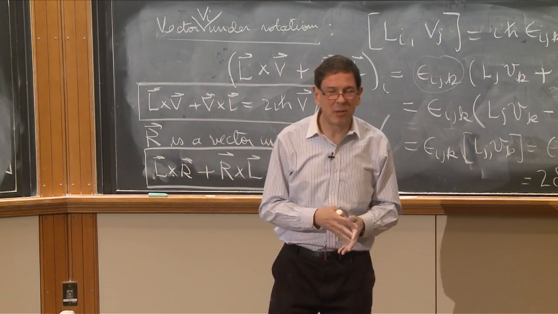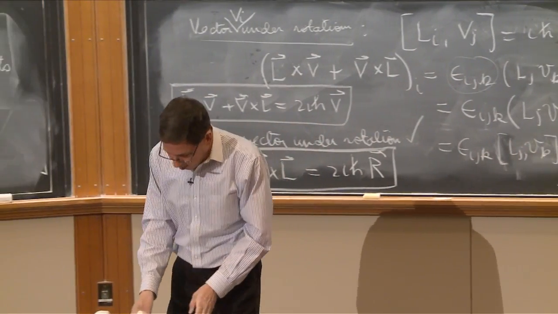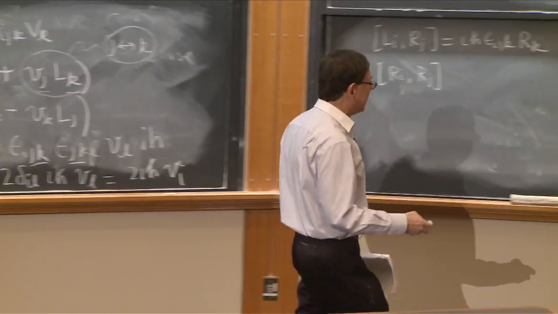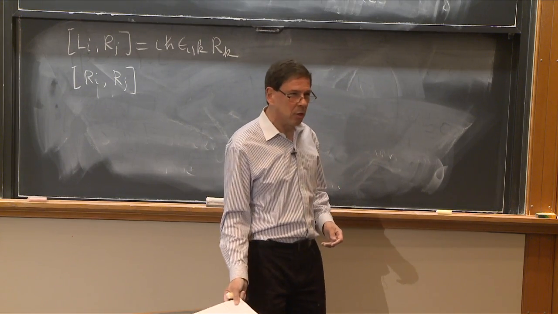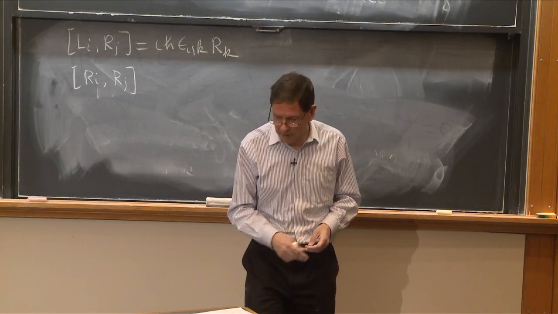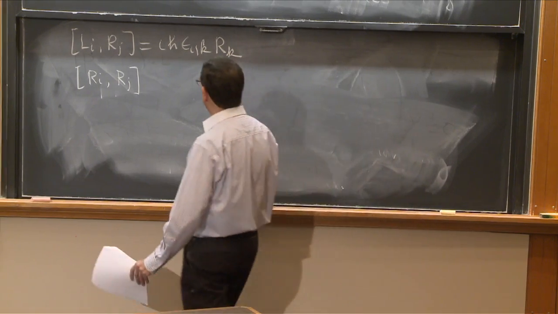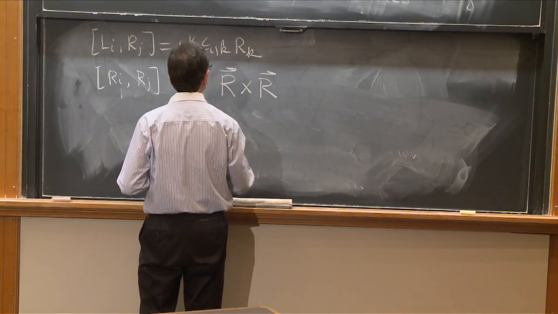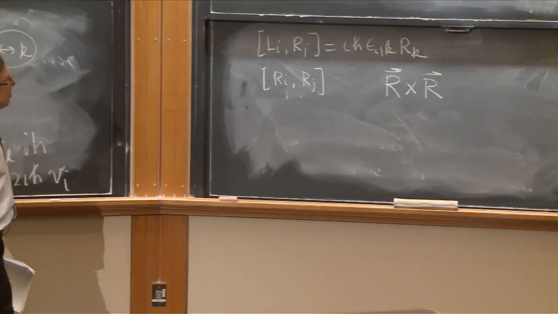And try several times. So what we're going to do is try to think of what the answer could be by some arguments. And then once we know what the answer can be, there's still one calculation to be done that I will probably put in the notes, but it's not a difficult one. And the answer just pops out. So the question is, what is R cross R? R cross R is really what we have when we have this commutator.